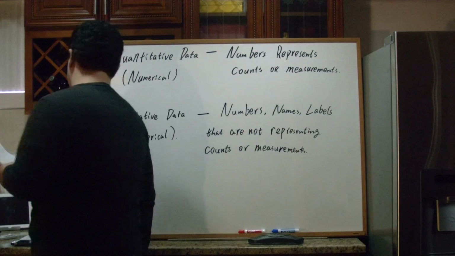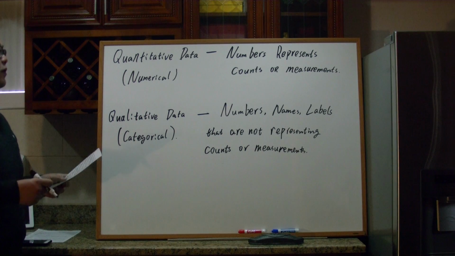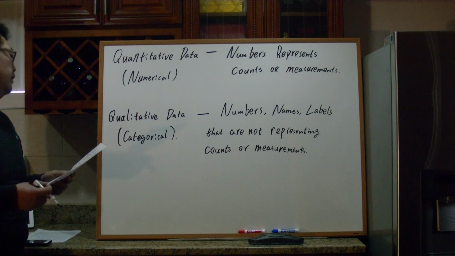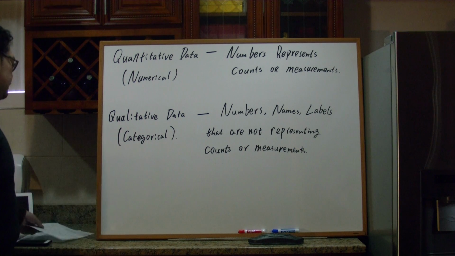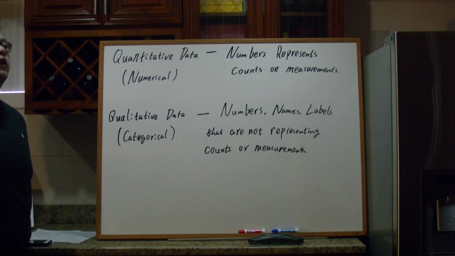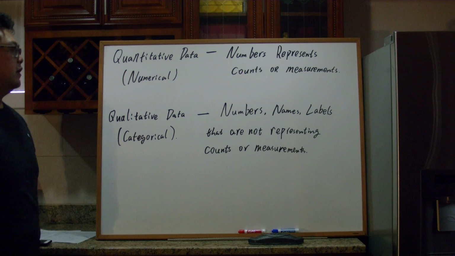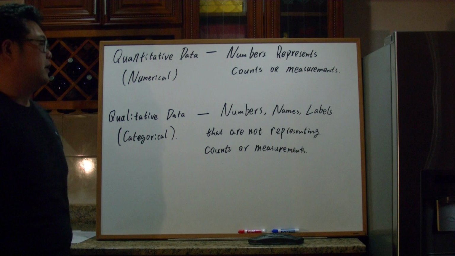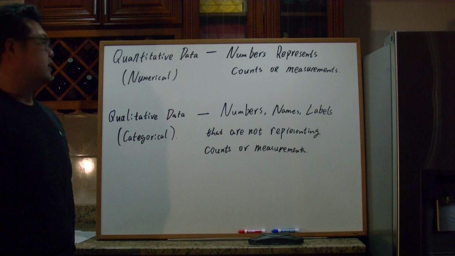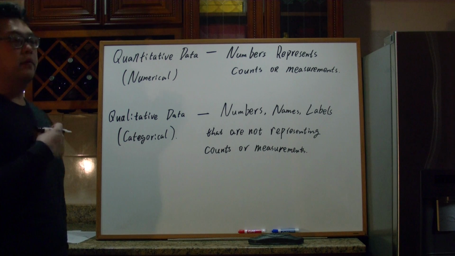Even though they could be numbers, they are not representing counts or measurements, like names or labels in special cases. For example, a number on the back or front of a basketball or baseball player's jersey, or their names or labels that can be seen.